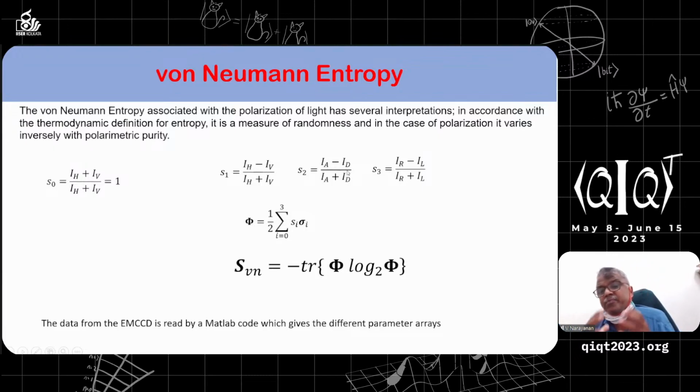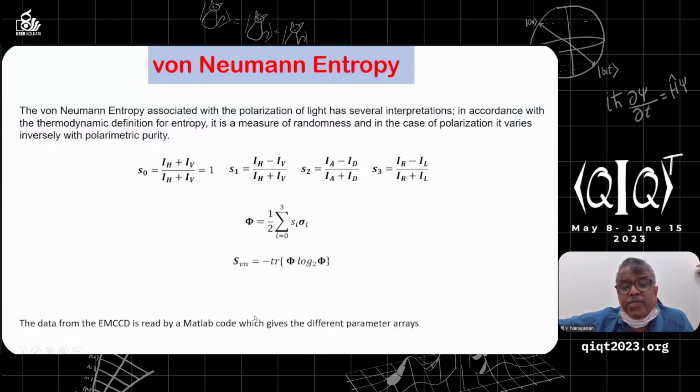So in this experiment, we have used a CCD or an EMCCD array. Each pixel is a photodetector, and we looked at the projective measurements in the horizontal, vertical, diagonal and anti-diagonal, that means cross and anti-cross basis, and right circular and left circular, by using the appropriate half-wave plate and quarter-wave plate, and we looked at this entropy.